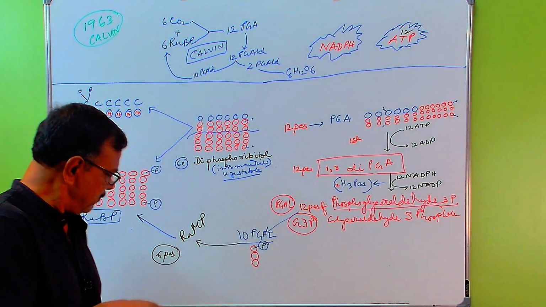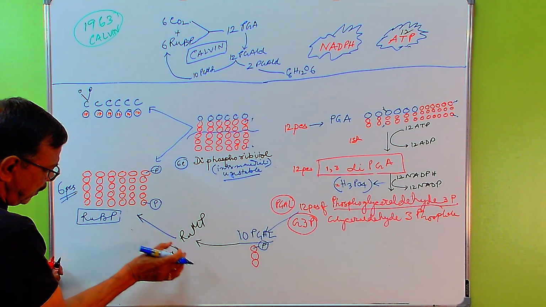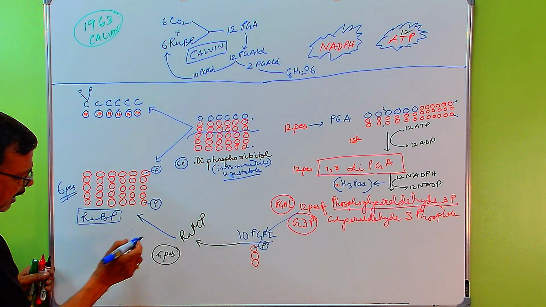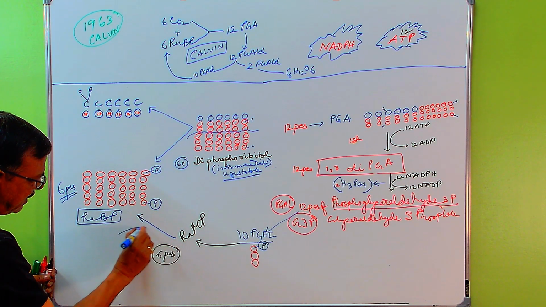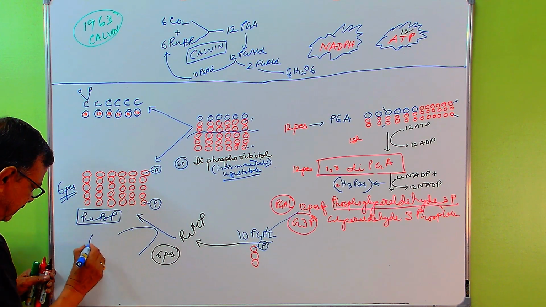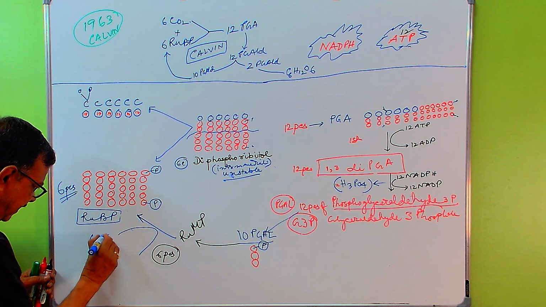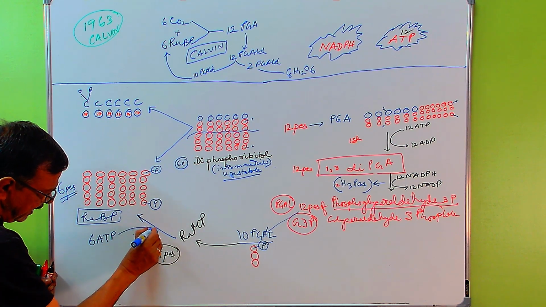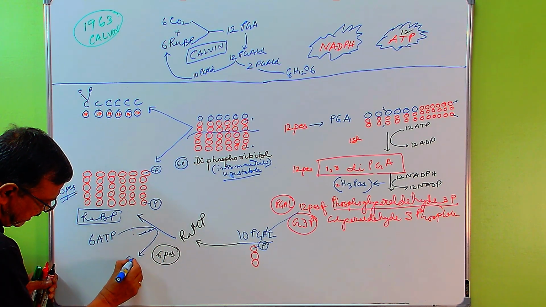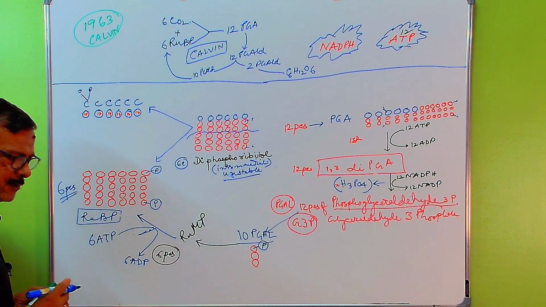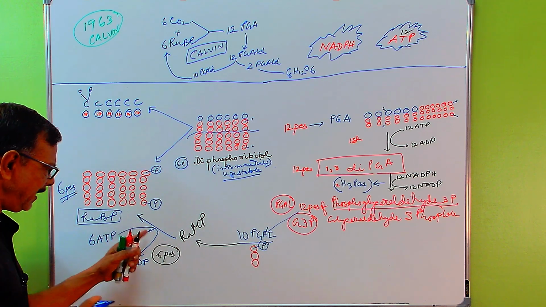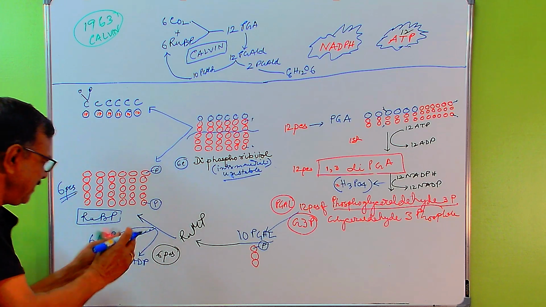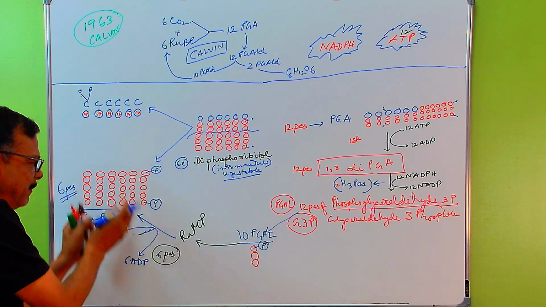So I have to add 1 phosphate more. So in 6 pieces, how much I have to add? 6 ATP. This phosphate will go there and 6 ADP will be produced. So 6 ATP I am inserting 1 phosphate and it becomes ribulose bisphosphate.